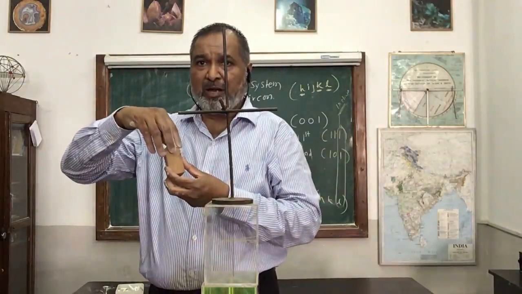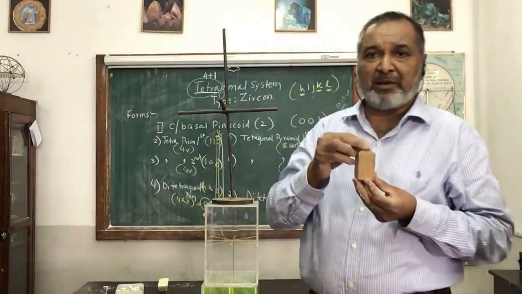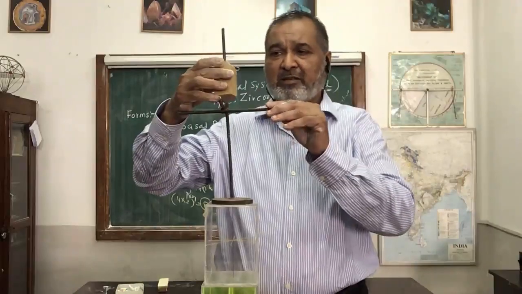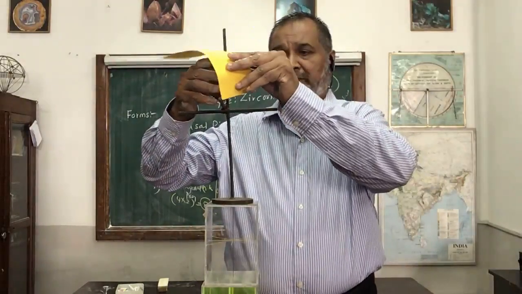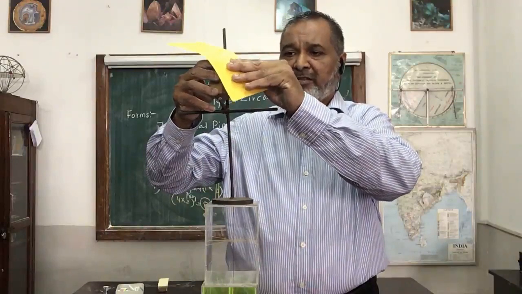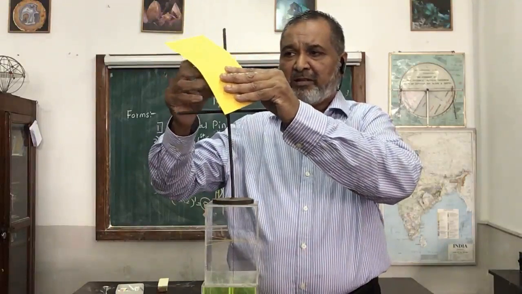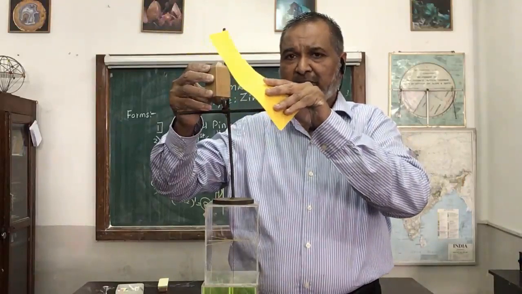And on the prism, a pyramid is present. On the top and bottom, whatever eight inclined faces are there, this is the pyramid. If you see the indices, extend the face. Yes, if you extend the face, you can see it is going to cut your C axis. If you extend, it cuts your B axis, and if you extend on this side, it cuts your C axis.